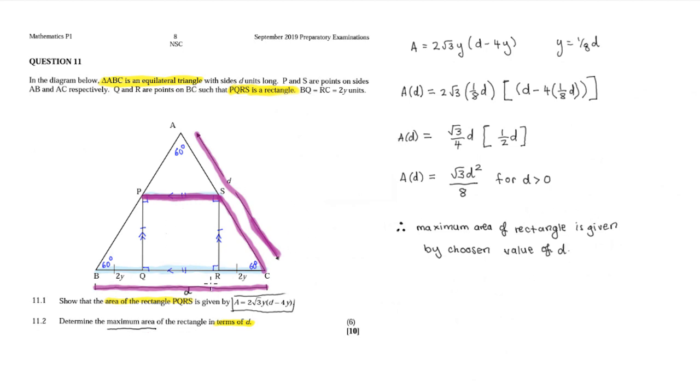It might also be affected by other factors, like maybe the budget that you have in order to construct this. So you would choose the D value that minimizes costs, also maybe within the client specifications.